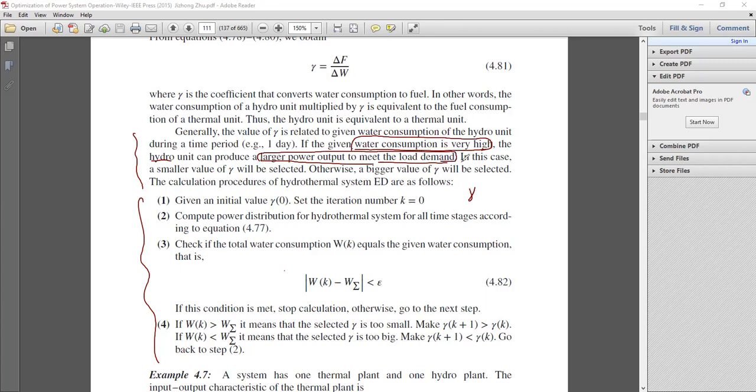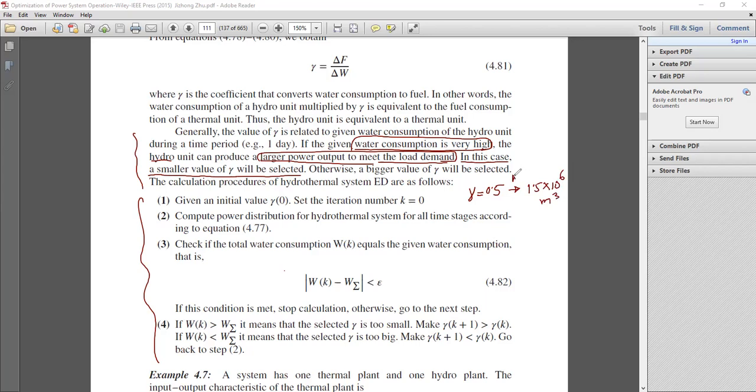In this case, it means that you could do well with a smaller value of gamma. Let's say, for gamma equal to something like 0.5, your water consumption is calculated as, let's say, 1.5 into 10 to the power 6 meter cube.